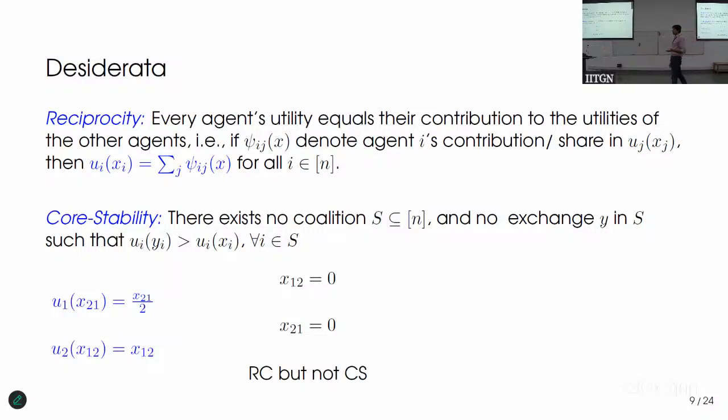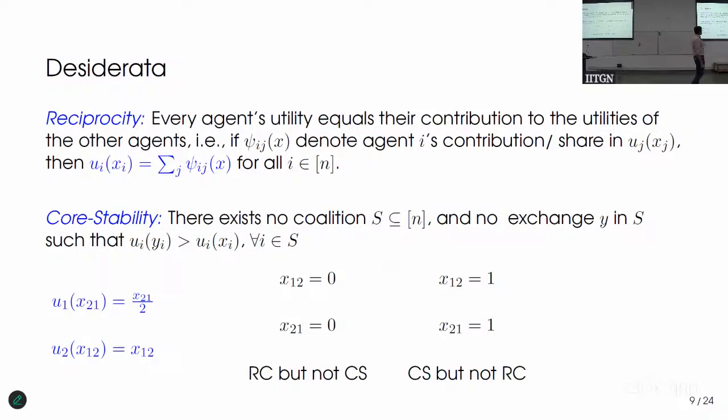It's trivial: nobody shares anything. Similarly, it is very trivial to get an only core stable exchange: everybody shares everything. Because of the monotonicity of the utility functions, there cannot be any other exchange which any agent would prefer to this exchange.